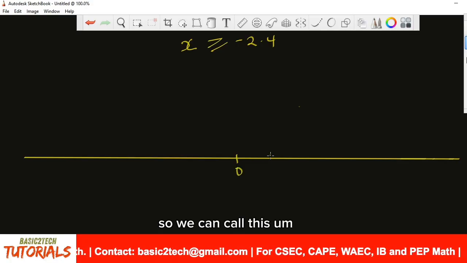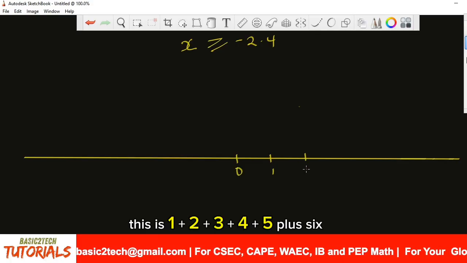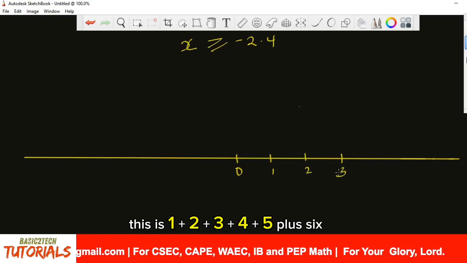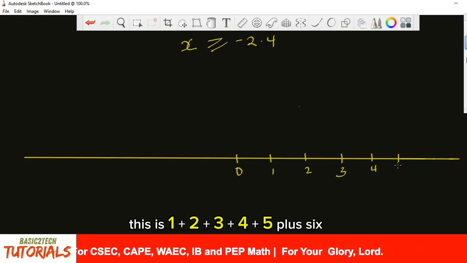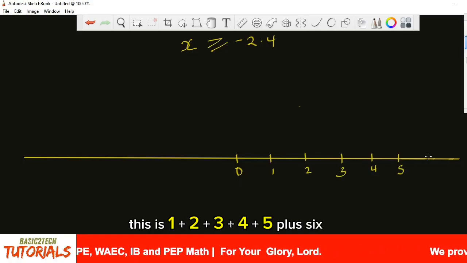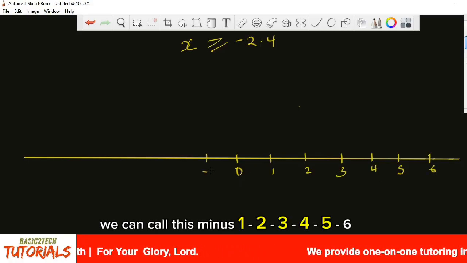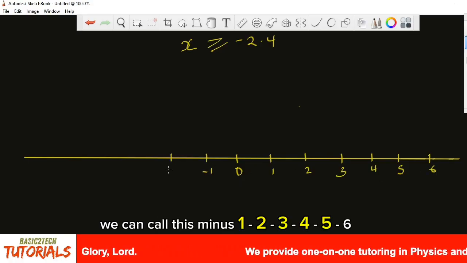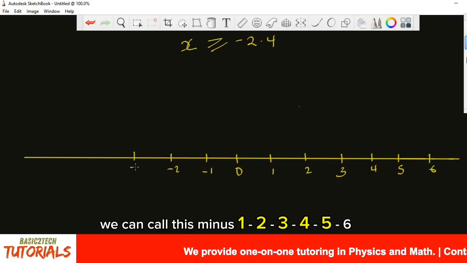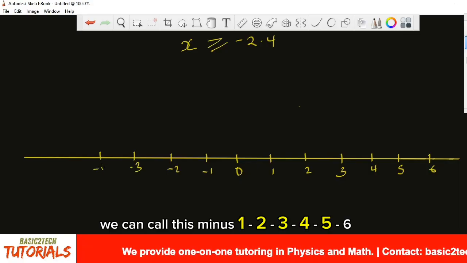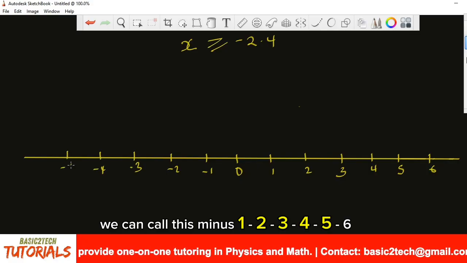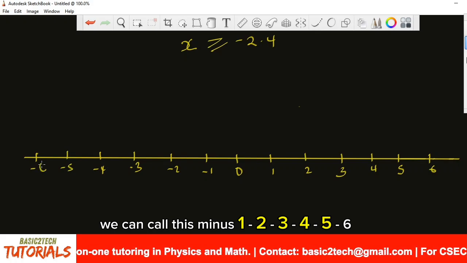So we can call this plus 1, plus 2, plus 3, plus 4, plus 5, plus 6. We can call this minus 1, minus 2, minus 3, minus 4, minus 5, minus 6.